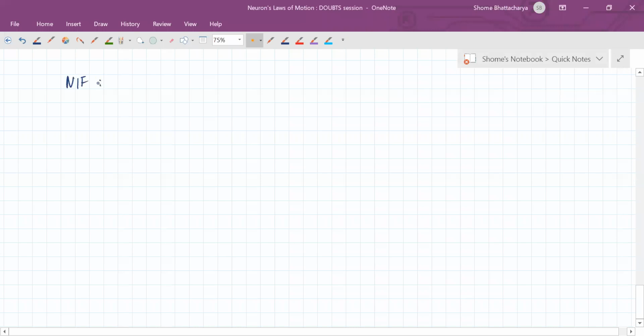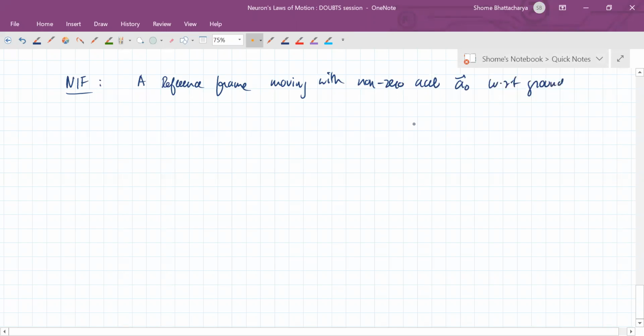It is a reference frame moving with non-zero acceleration, a naught, with respect to ground. It could be a reference frame that is moving like this, or like this, whatever, but it's moving with some acceleration with respect to ground.